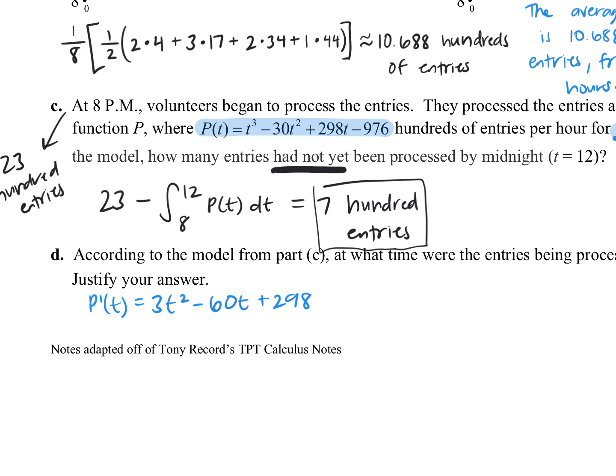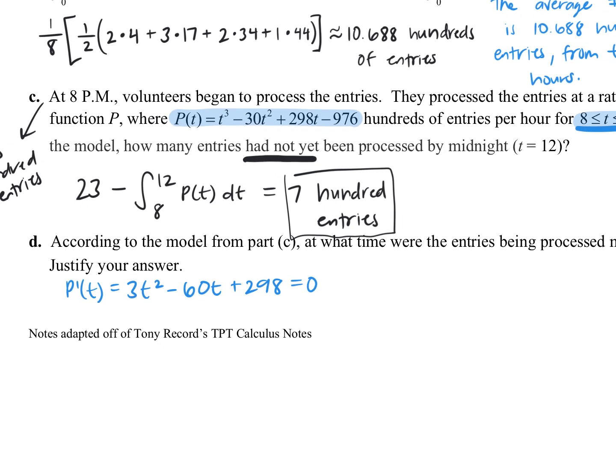I just said it. We need to also test the endpoints, right? To see if it's being quickest at those points as well. So we need to see, when does this equal 0? And then we also need to test our endpoints. Okay, so we're going to get 2 answers on our calculator for t. And then we're going to make a little t-chart here and figure out which one is the quickest.